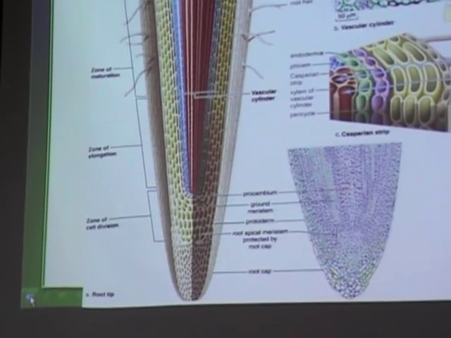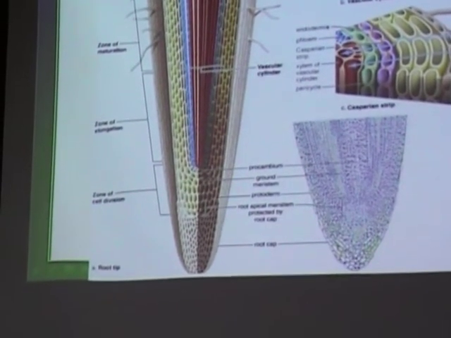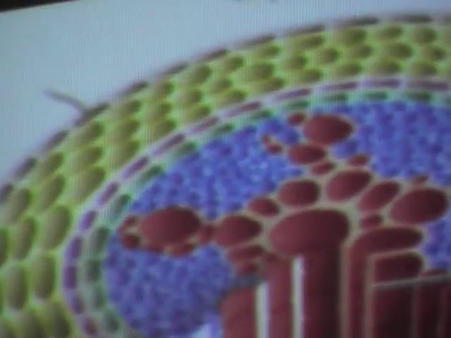Okay, it doesn't show it here well, but there is a ring of cells. You can see this green ring right here. There is a ring of cells in stems and roots that are constantly multiplying too, and that causes the outward growth of a plant.